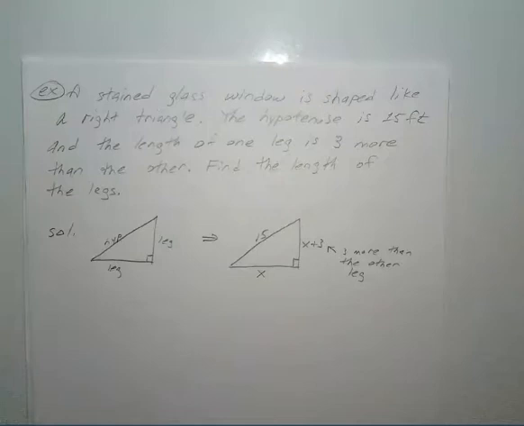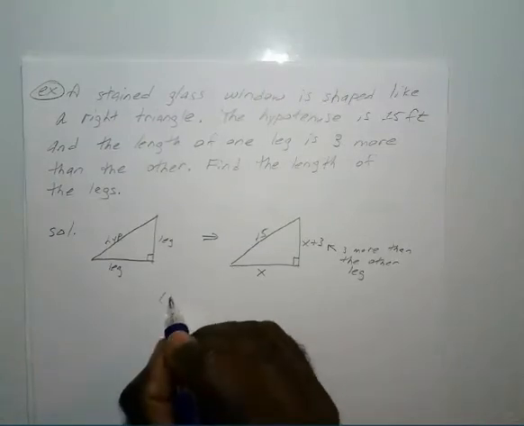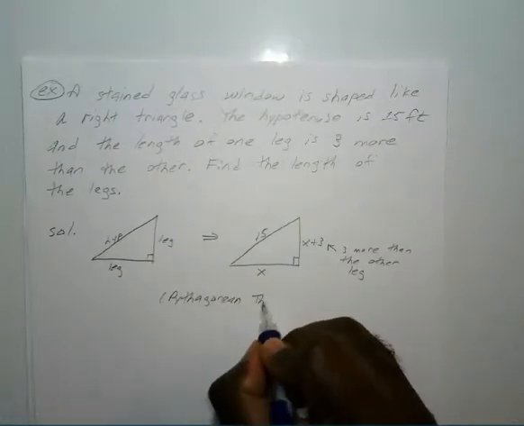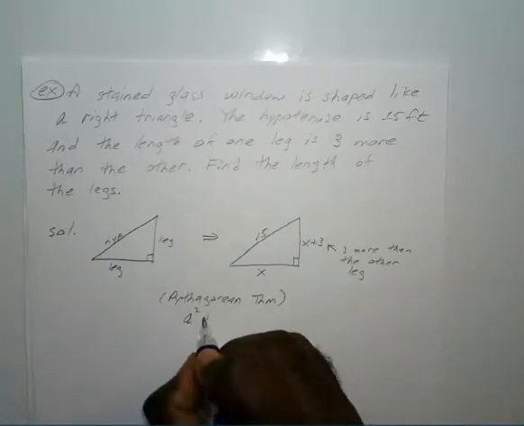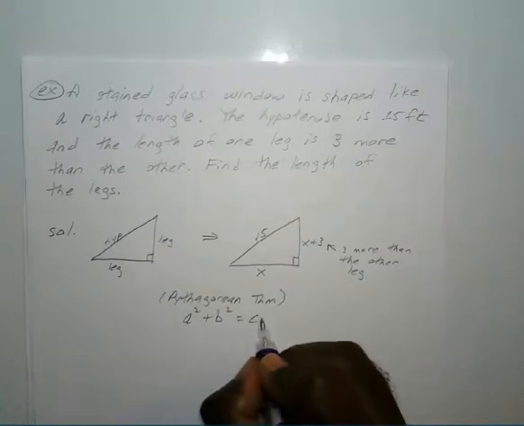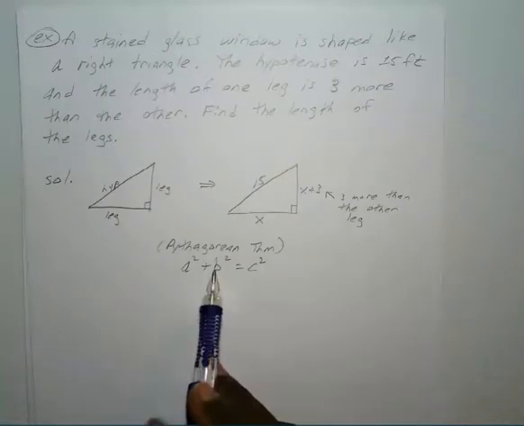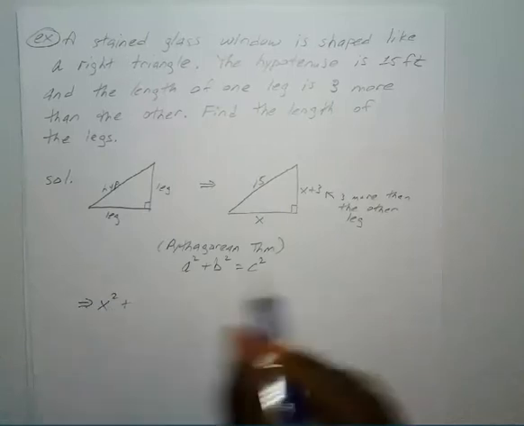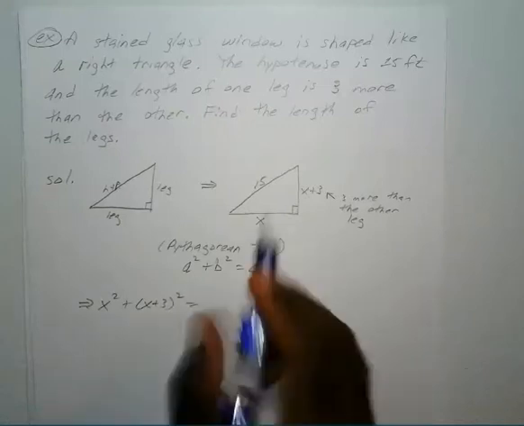Now also remember with a right triangle, you can use the Pythagorean theorem, which is one leg squared plus the other leg squared equals the hypotenuse squared. So if we apply that, this leg squared plus the other leg squared equals the hypotenuse squared.